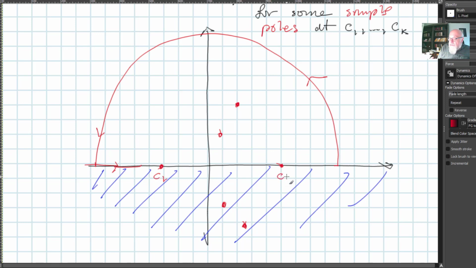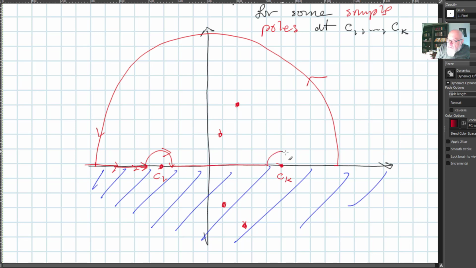So how can I deal with this? I'm going in that direction and suddenly on my way there is a singular point, which means the function explodes. It's not a good thing. So I will just go around it, and then I take another detour.